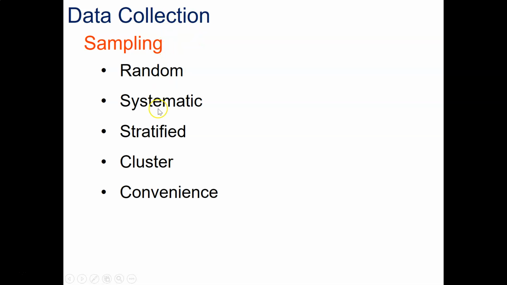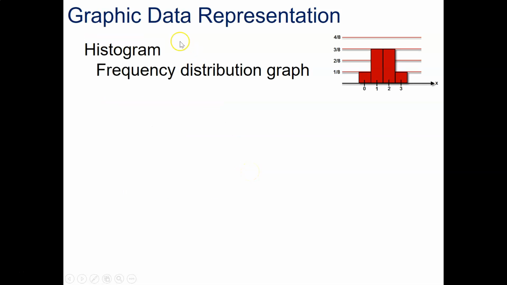So data collection can be done in a lot of different ways. We're not going to get into a bunch of these, but if you do take a statistics class, you will talk about all these different ways that you can collect data. And then when you represent data, you can do so in a number of ways. You can make a histogram, another way of describing that is a frequency distribution graph.